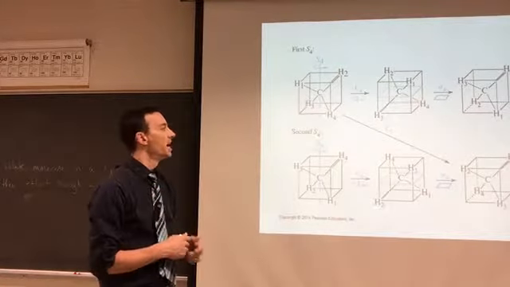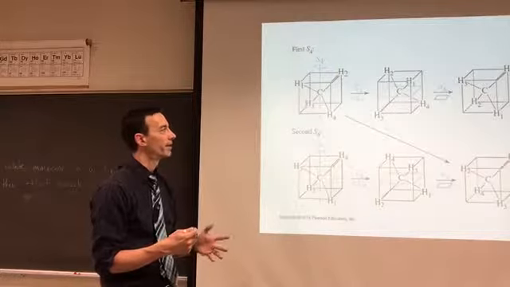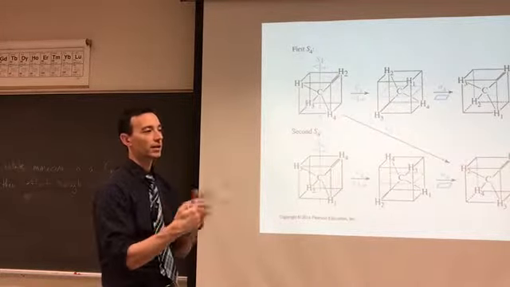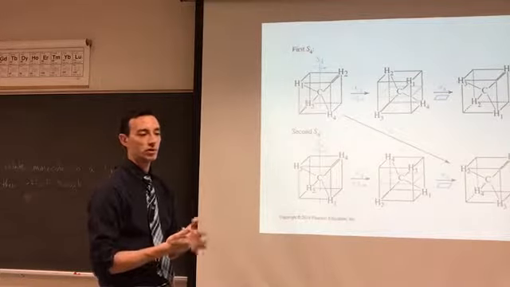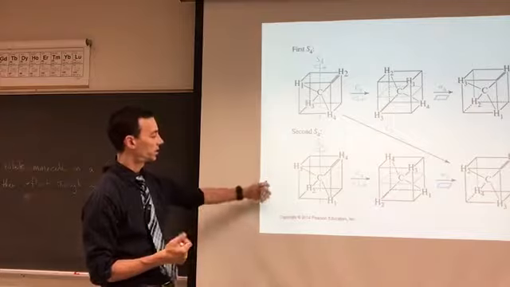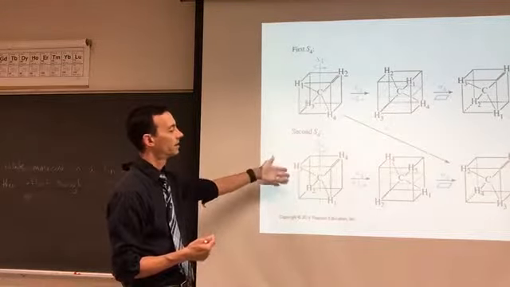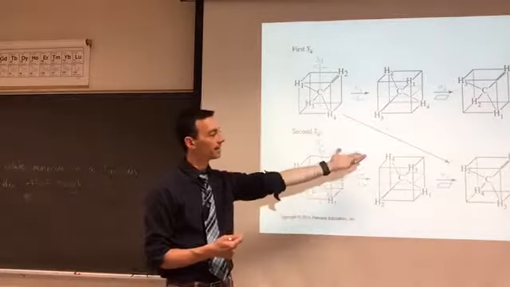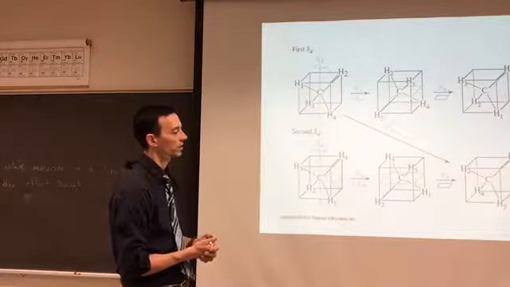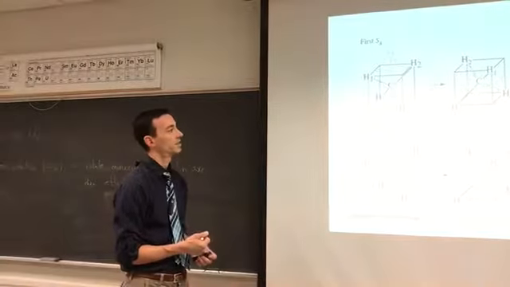If one of those hydrogens were switched out for a chlorine, this would go away, because the chlorine would not end up in the original spot. Upon performing a second one, you still arrive back at an equivalent structure. So that's an improper rotation.